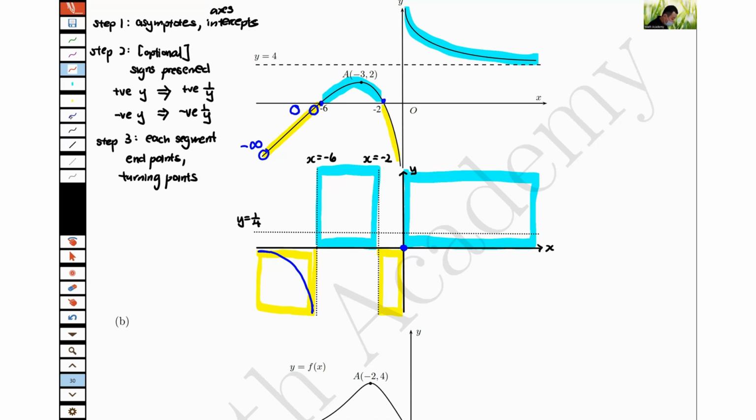Then we focus in the middle, this portion, endpoint, these two parts, they are very close to 0. The y value is very close to 0. So to the right of minus 6, it's now at infinity. To the left of minus 2, it's now also infinity.